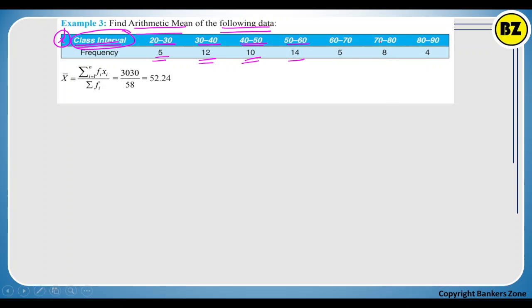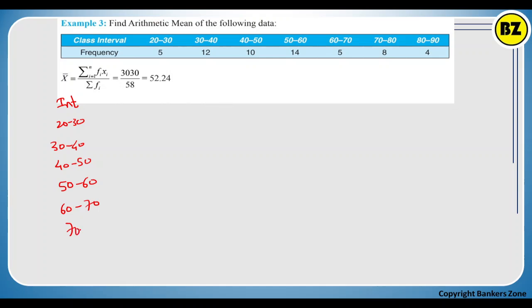Now I will give you the solution part. See, here is the interval, I write the interval: 20 to 30, 30 to 40, 40 to 50, then 50 to 60, 60 to 70, 70 to 80, 80 to 90.